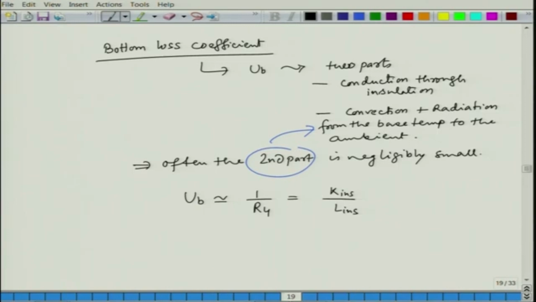Why is that? You think intuitively, because for top loss we have a double agenda there. Why double agenda? You have to allow the sun rays to reach the plate, then only the purpose will be served, right. Otherwise, if you insulate it, what is the purpose of having a collector? So, we want to allow the solar radiation to reach the plate and heat it up, but at the same time we do not want the plate to lose heat to the ambient.